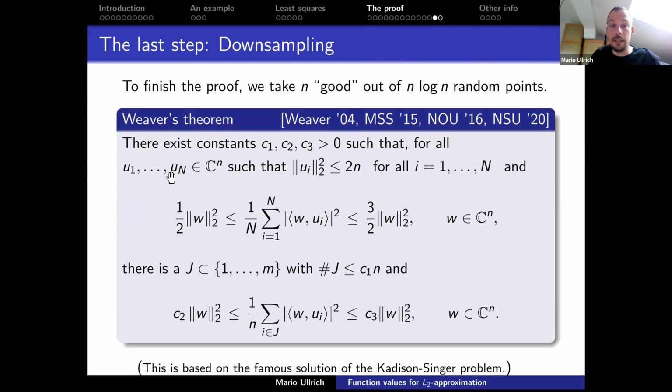If you know that, and big N could be arbitrarily large, right? Then you can prove that there must exist a subset of cardinality small n such that the same holds. Right? That's amazingly beautiful.